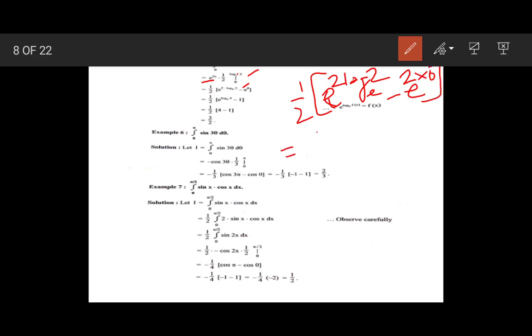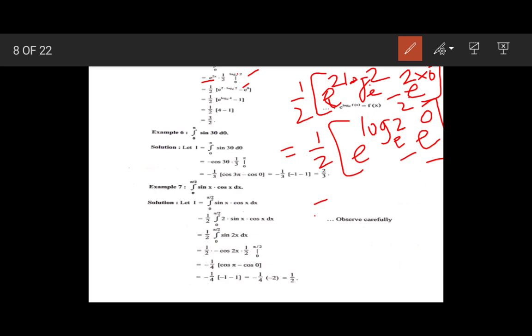So that is equal to 1 upon 2 as it is. This can be written as e raised to log 2 square, right? n into log m is equal to log m raised to n to the base e, minus e raised to 2 into 0, which is 0.